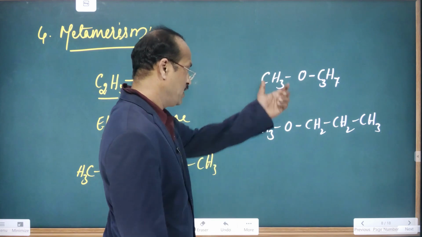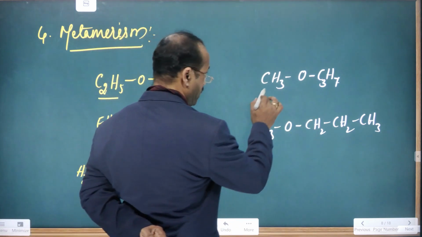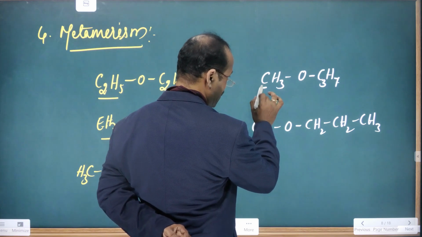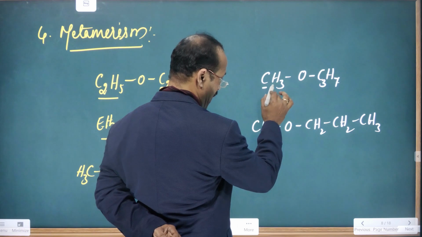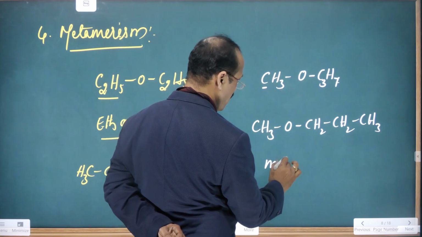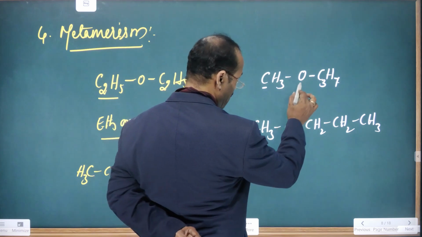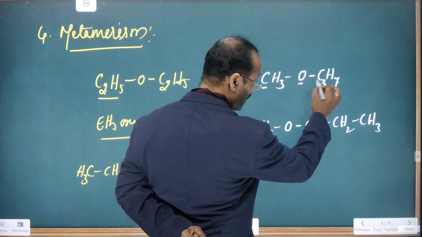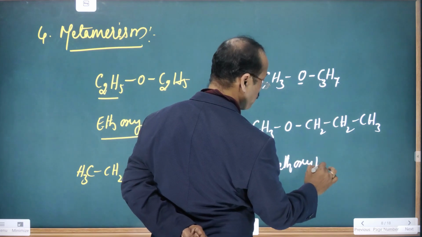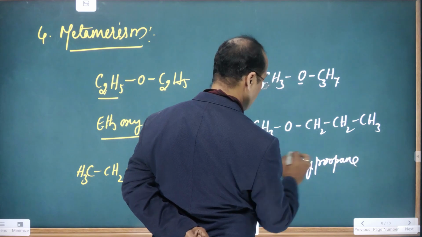So the same thing in expanded form I have written. Now what is the name of this one? Here only 1 carbon is on the left side of the oxygen, so this is called methyl, meth. And in the middle there is oxygen, so I write oxy. And here how many carbons are there? 3. So I write propane. So what's the name of this one?